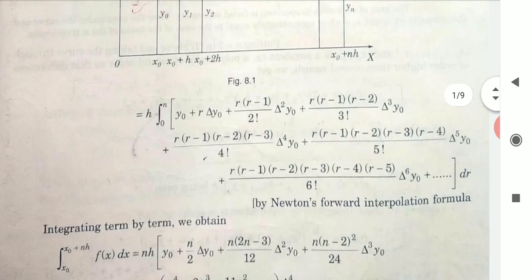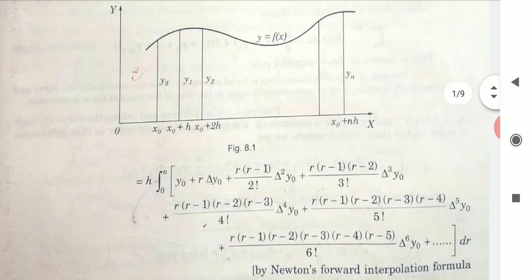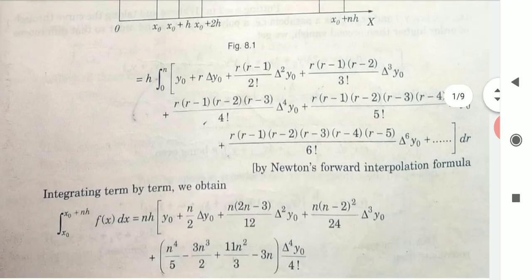You can see this next step. By Newton's forward interpolation formula, they have written this. I can always write f of x naught plus rh as y naught plus r into delta y naught plus r into r minus 1 upon 2 factorial into delta square y naught plus and so on. They have kept 6 terms here, and everything in the square bracket is into dr.